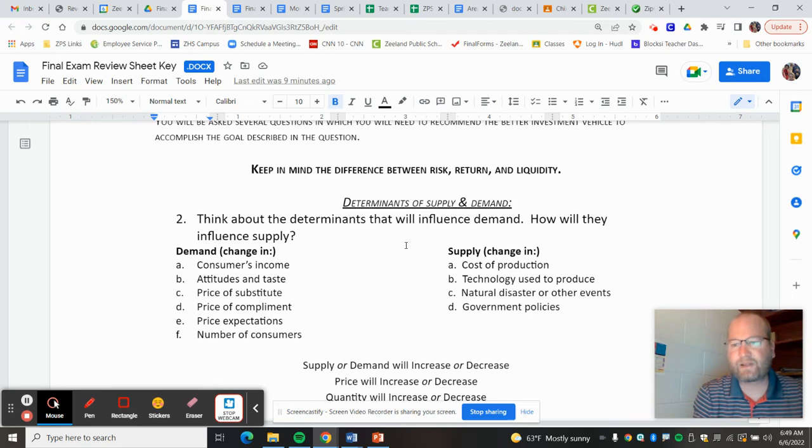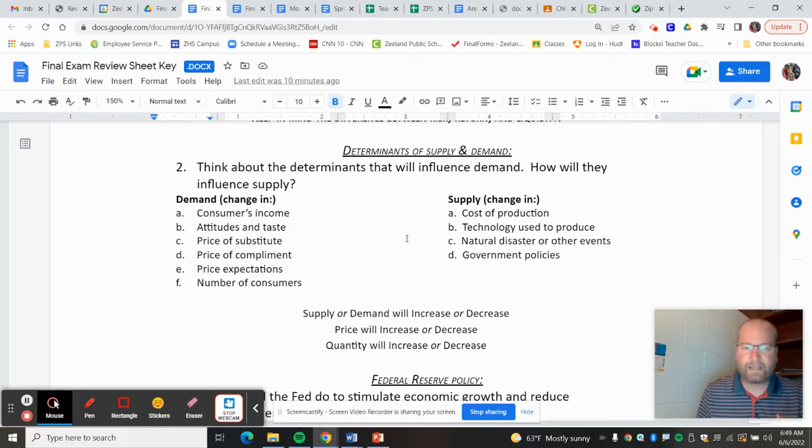And then government policies. Maybe all of a sudden the government starts to tax automobile makers less. So automobile makers are able to profit more. Well, that gives them the ability to make more automobiles. So the supply is going to go up because the government policy of taxing went down.